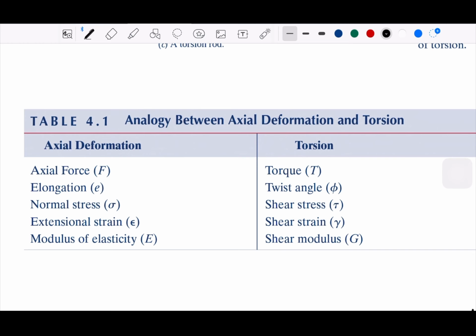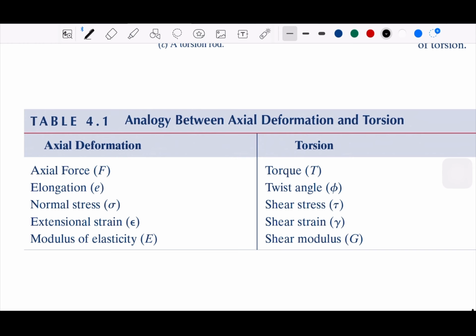But now we are going to see how the angle will change, how it's going to be twisted. We saw the normal stress before, and now we are going to focus on the shear stress. We saw the extensional strain, now the shear strain, the angle, right? We saw the modulus of elasticity, and now we are going to see the shear modulus. So we can say that they are counterparts of each other.